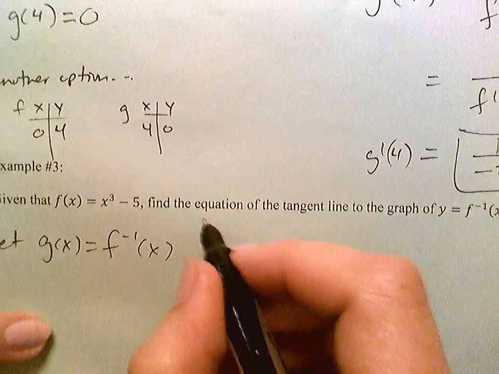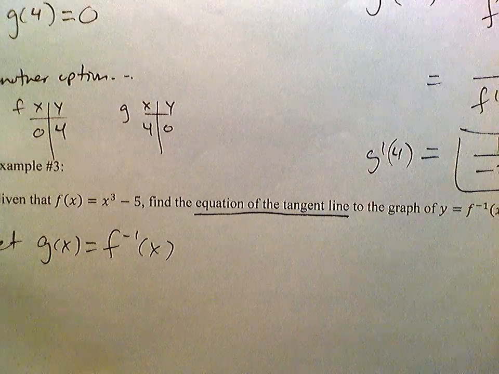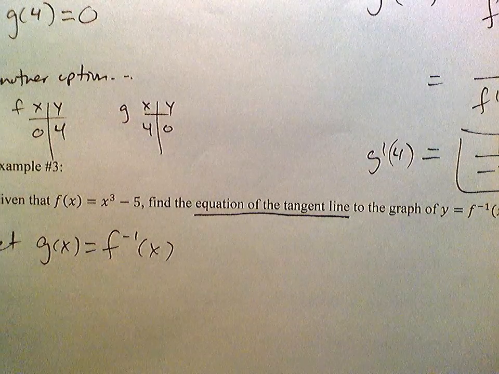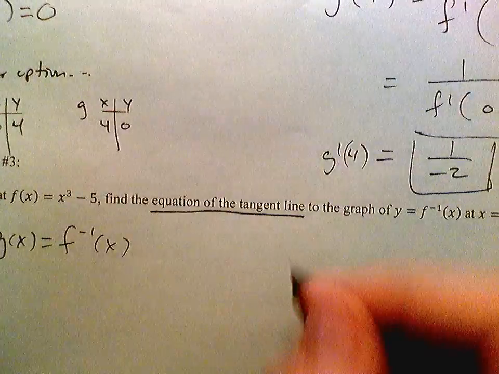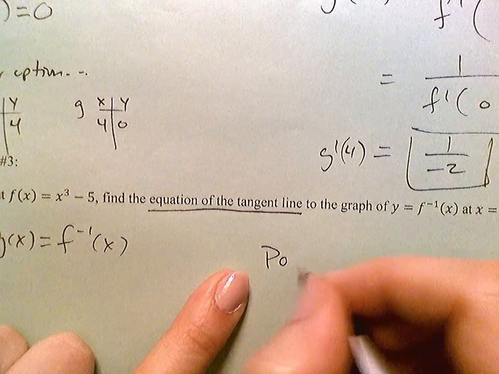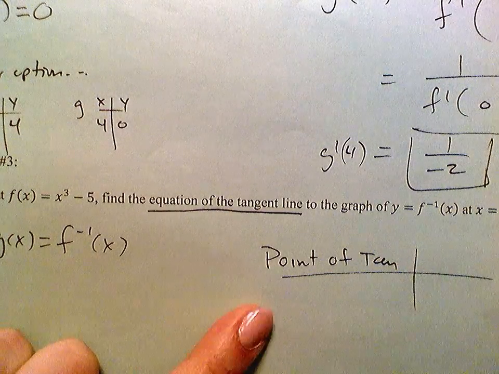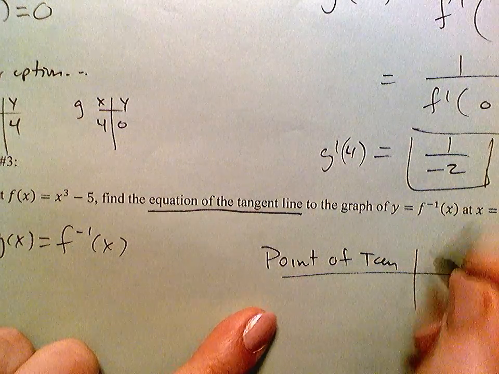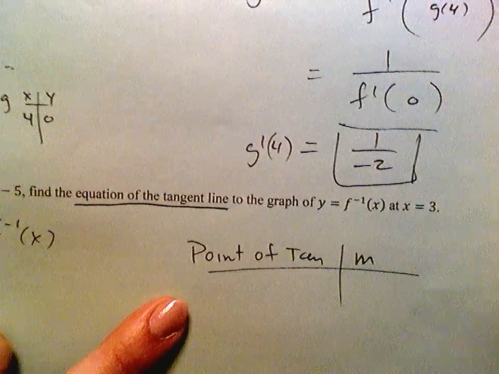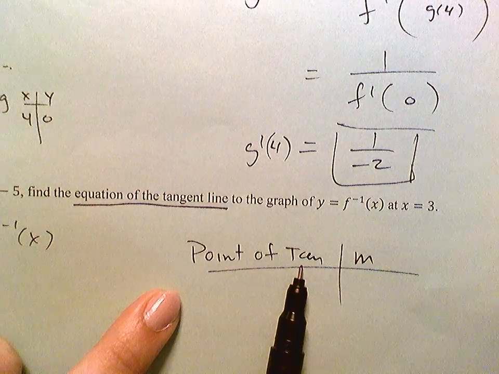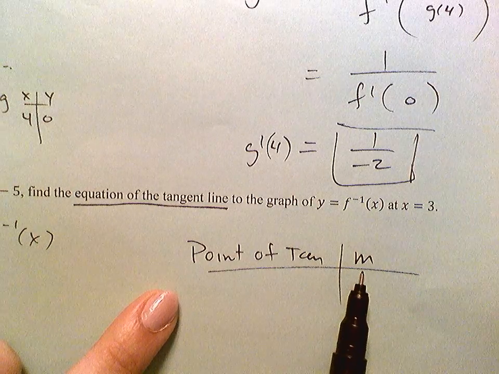Okay, equation of the tangent line. Anytime that you're asked to find the equation of the tangent line, I think that this is the first thing you should say to yourself. Point of tangency, okay? And then over here we need the slope. We need the point of tangency, and we need the slope of that tangent line.